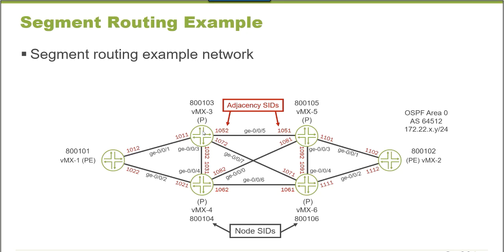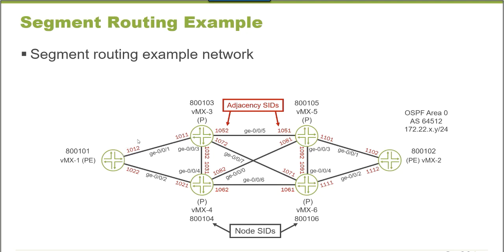For example, VMX3 and VMX1 are OSPF neighbors. They have an adjacency. And from VMX3's perspective, this interface, ge-0/0/1, the IP address on this link is 172.22.101, and the IP address that ge-0/0/1 uses on VMX3 to reach it is 101.1.